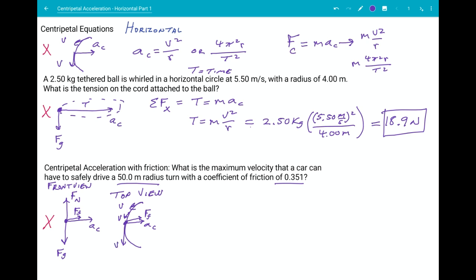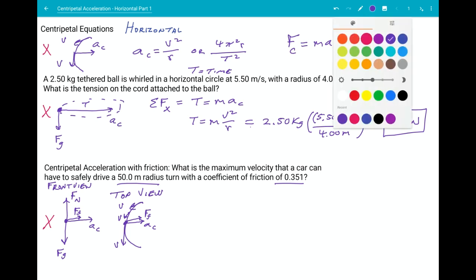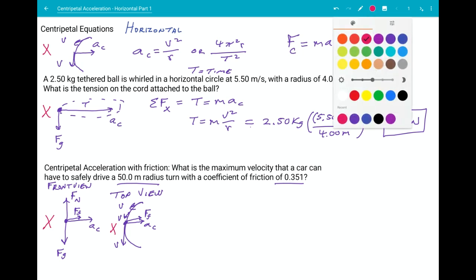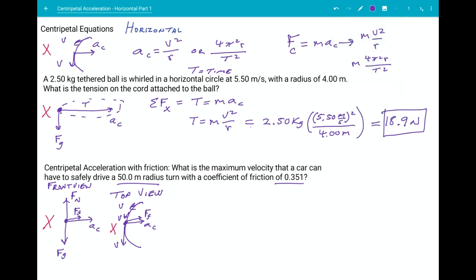If there was friction where I'm going to put the red X, then you have exceeded the coefficient of friction, and the car is now moving out of the turn and crashing into something else. So friction is always towards the center. There are no centrifugal forces. That's important. It's kind of a tough thing for folks to understand.